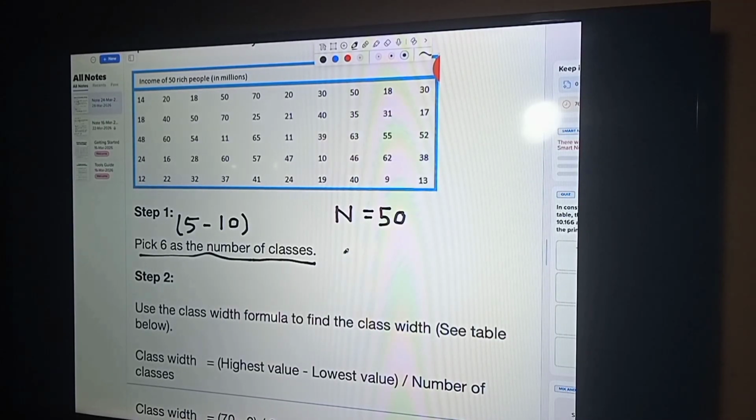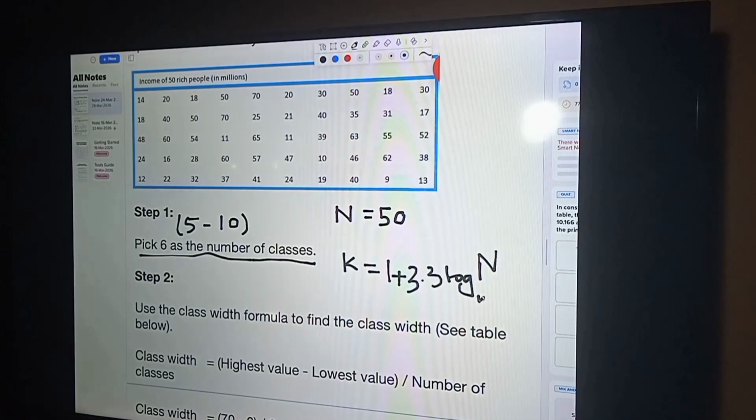you need to follow a formula, and the formula is K equals 1 plus 3.3 log of n, where n is equal to 50.